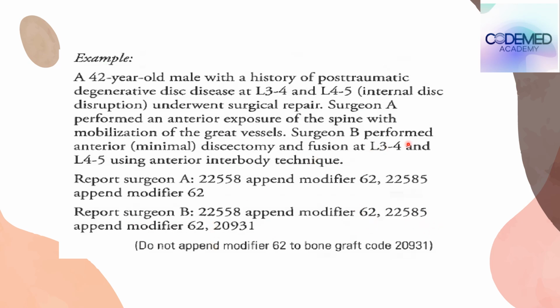Surgeon B also did the fusion, and for that he will write 20931, but we will never put a modifier on it because this is the code for the graft, and we will never put a modifier of 62 on the bone graft. So this is how the coding will be written.